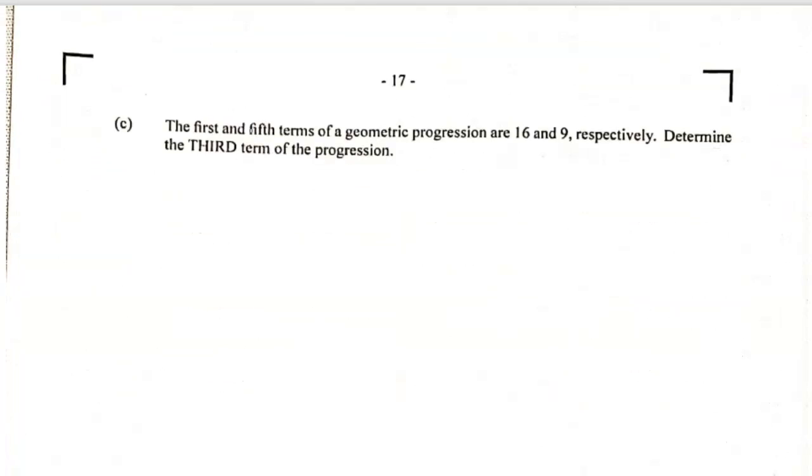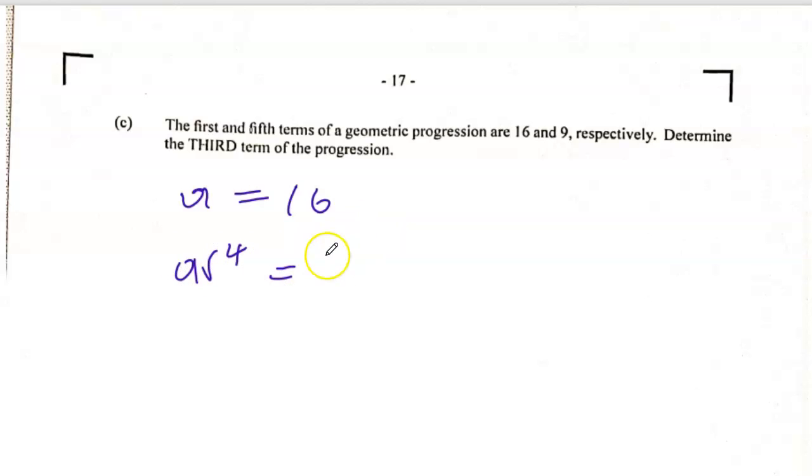So part C, the first and fifth terms of a GP are 16 and 9 respectively. Determine the third term of the progression. So the first term, you can call a, is equal to 16, and the fifth term, ar to the power of 4, would be equal to 9.